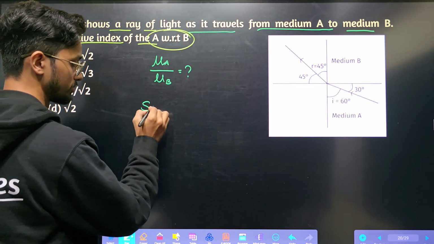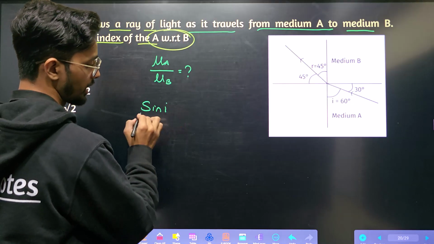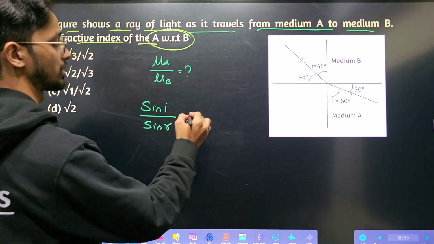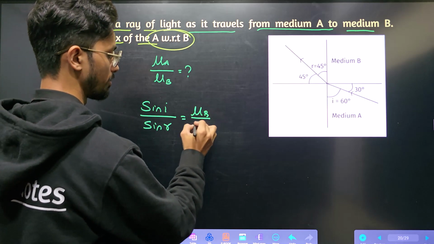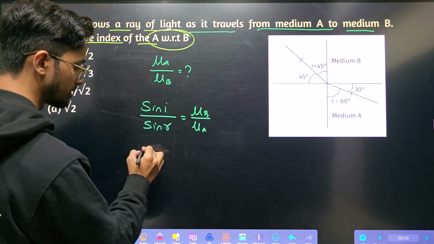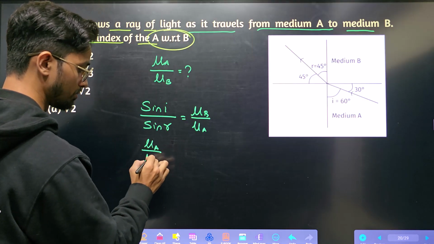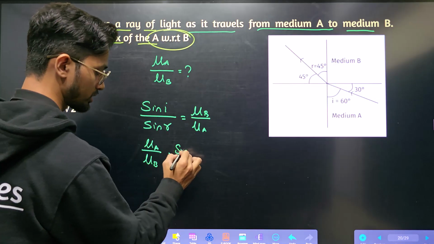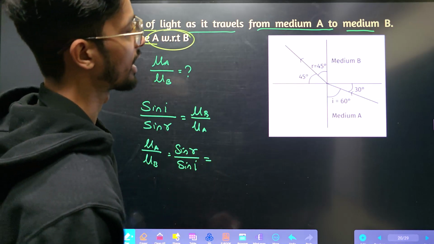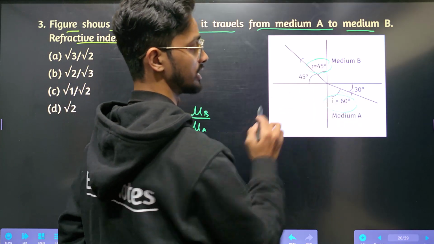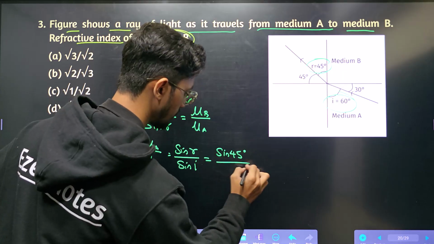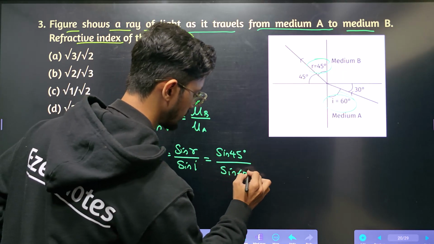We know that sin i by sin r is equal to mu 2 by mu 1, that is nothing but mu B upon mu A. So we can inverse that. Mu A upon mu B is equal to sin r upon sin i. What is sin r? r is 45 degrees and i is 60 degrees. So sin 45 degrees upon sin 60 degrees.